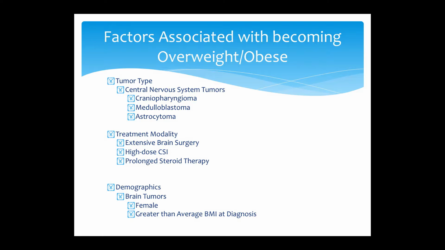Again, the treatment modality, the surgery, whether or not they can exercise or not, the higher doses of the cranial spinal radiation, and then a lot of the patients have been on prolonged steroid therapy, which can affect also their weight as well as their bones.